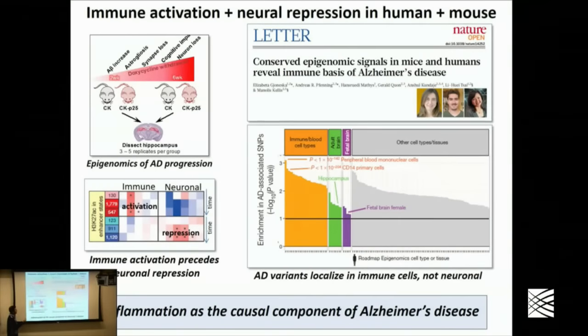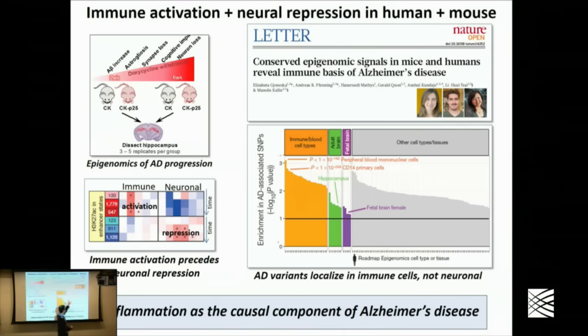There were immune activation and neuronal repression changes in the brains of these mice. But if you look at the temporal component, the neuronal repression happened at a later point, whereas the immune activation happened at an earlier point. Again, indicating causality, whereby it starts in the immune dysregulation and it ultimately results in the neuronal loss.